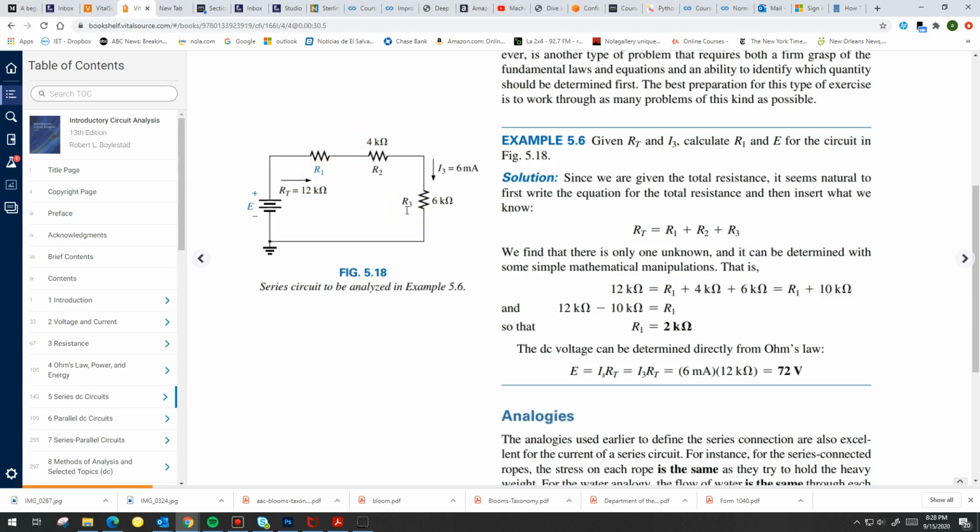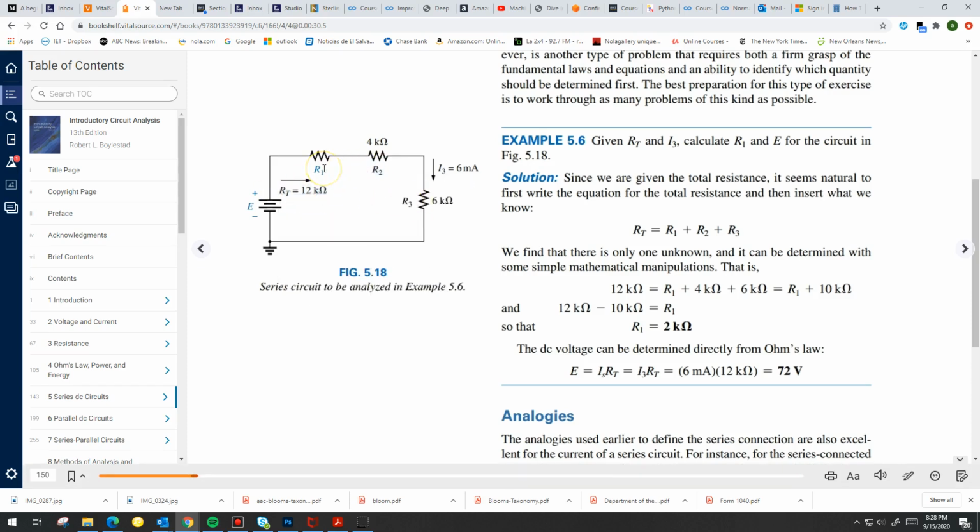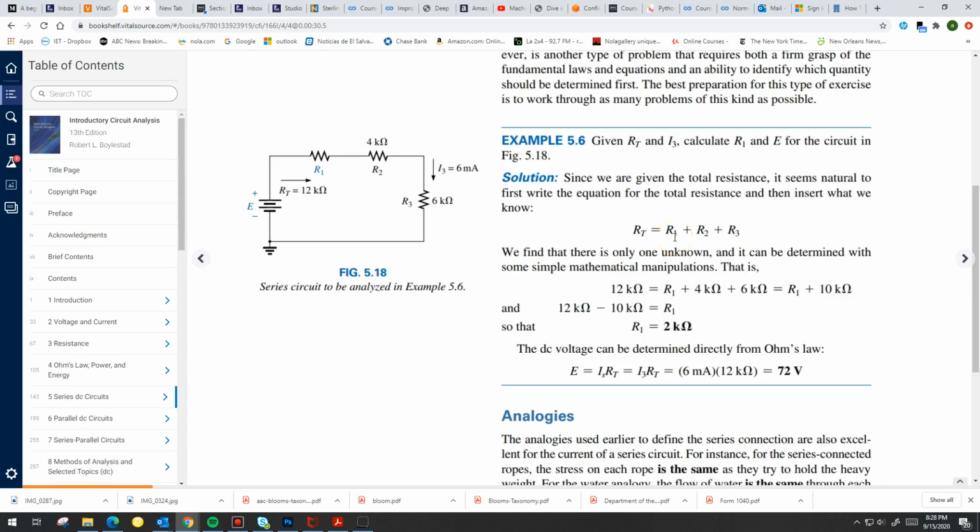We know our total, and we know R2, and we know R3. So the only unknown is R1. If we apply that equation, RT is equal to R1 plus R2 plus R3, we can solve for R1, because that's the only unknown.